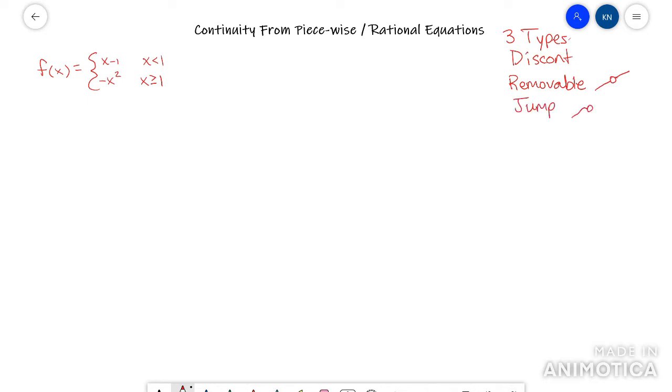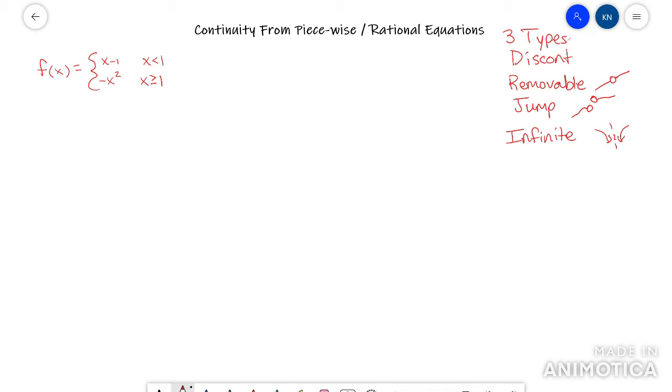That's where there's actually like a jump in the graph. And then there's an infinite. And infinite is generally around an asymptote, and you can have both the arrows going the same way or going opposite directions around an asymptote. That throws you an infinite discontinuity. Infinite is generally associated with rationals.